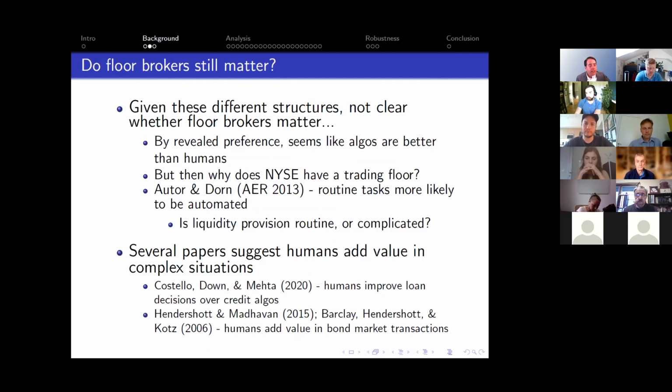But as I said, there is this really cool paper by Autor and Dorn in the AER, where they examine labor market outcomes in a world where automation is introduced. And they come up with this idea that tasks that are routine, where you're just doing the same thing over and over again, are things where algorithms will just replace humans. They will be better than human beings, end of story, right?